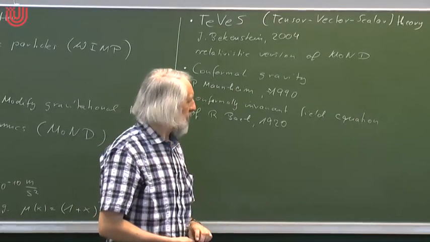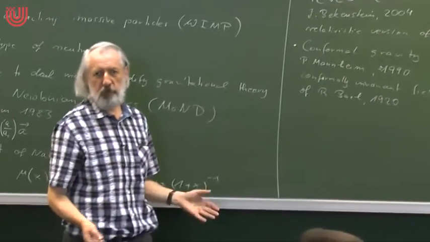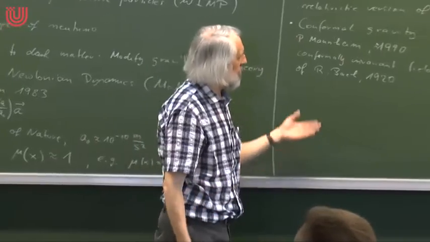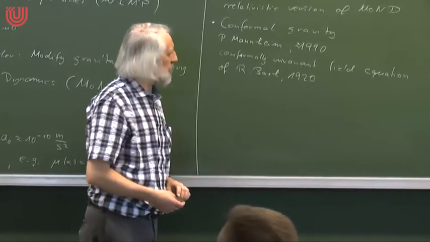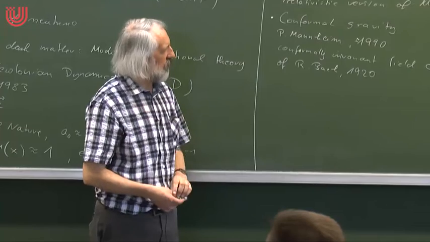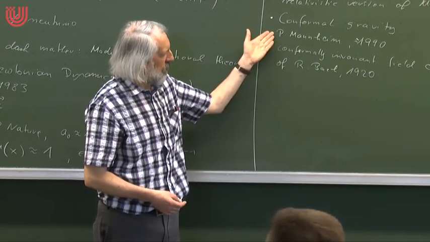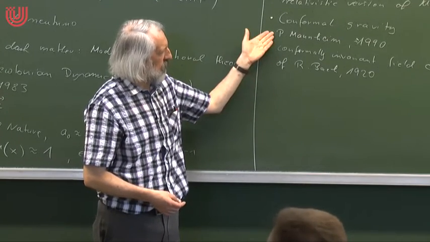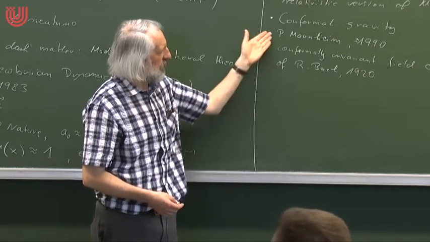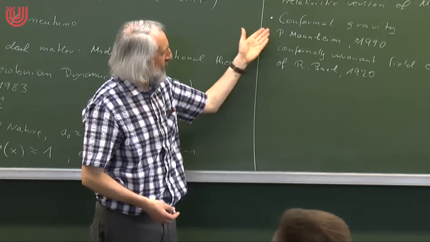That's a problem, because you cannot have massive fields in such a theory, because masses break conformal invariance. So you have to introduce some kind of mechanism which breaks the conformal invariance. And I'm not sure if Mannheim has ever succeeded in doing this in a convincing way. Anyway, we were considering spherically symmetric solutions of the theory, which actually had been found by Bach already, which he didn't quote in his papers, which I find rather scandalous.